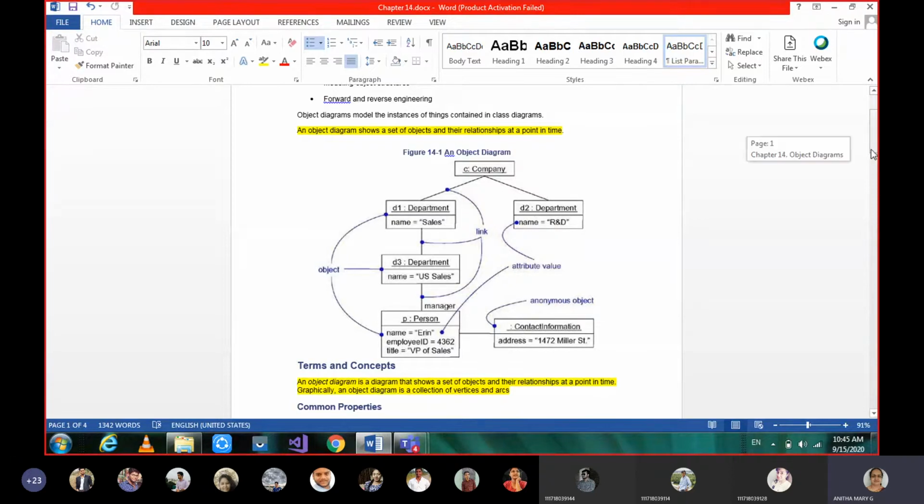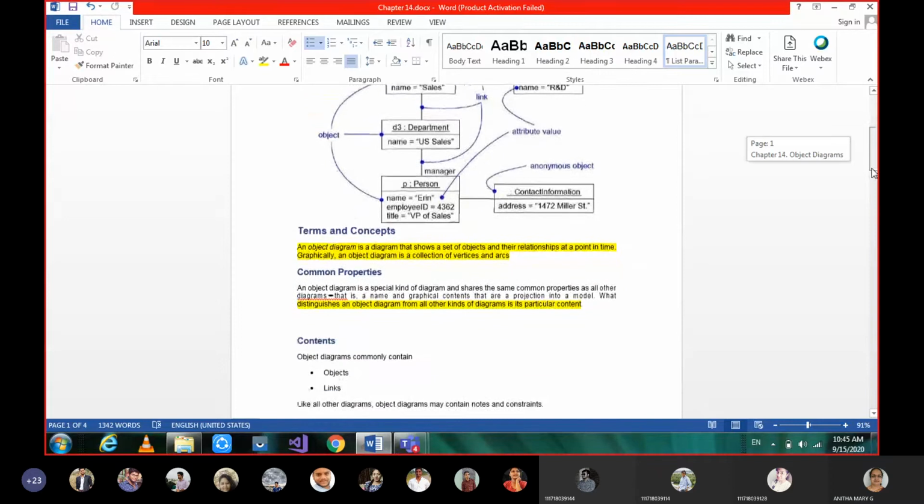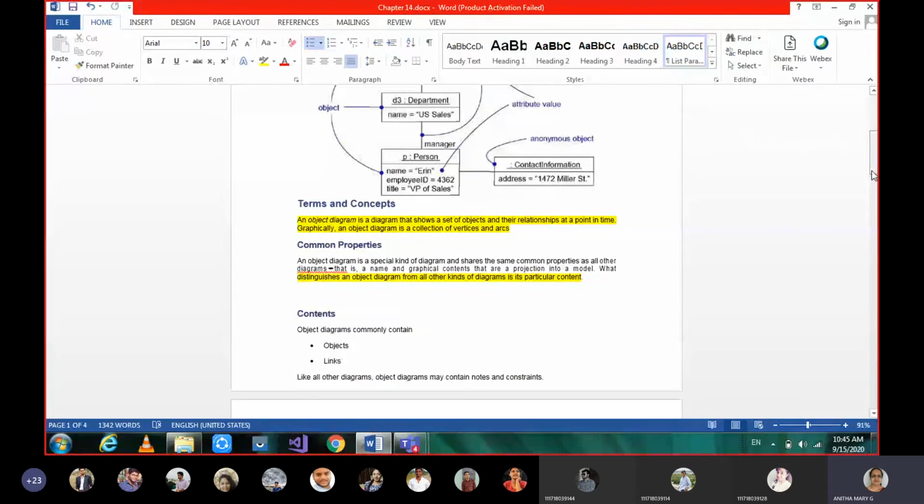So every chapter has two parts to be discussed, whereas every diagram chapter will have three parts, please remember that. The first two parts are the same as every chapter: terms and concepts, and common modeling techniques. These are the two for every chapter.